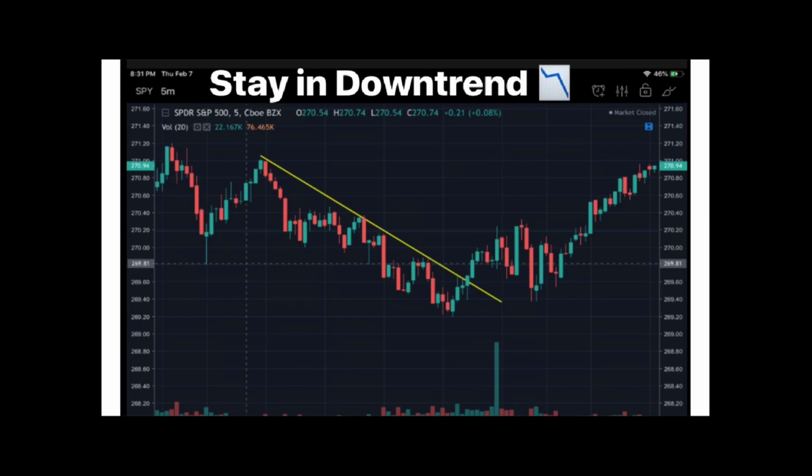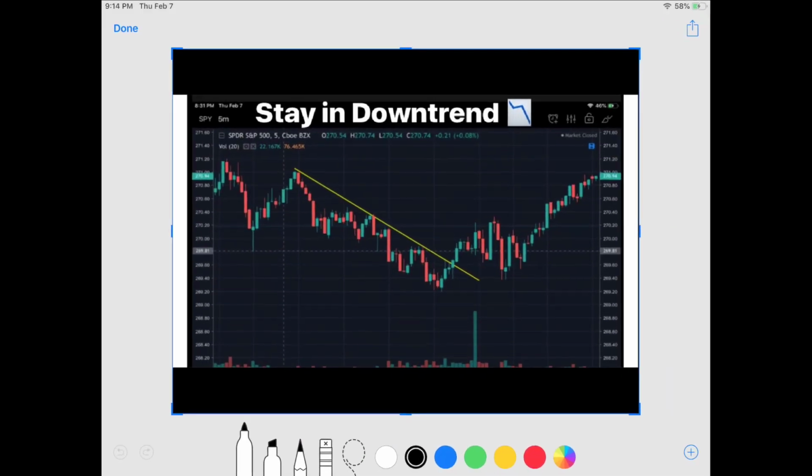All right. Staying in a downtrend. Also simple. So now, remember, series of highs are your resistance. So when you're staying within a downtrend, you want to stay in until it breaks your resistance line.